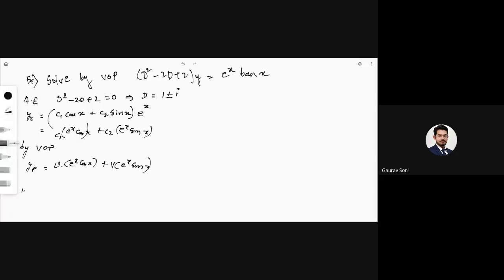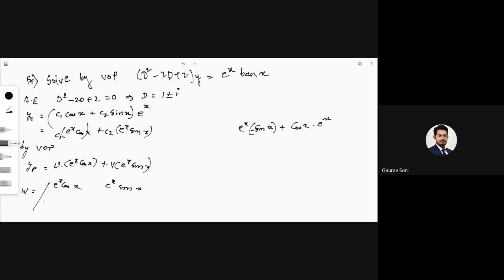So we'll find out the Wronskian. The Wronskian is e to the power x cos x, the y1, e to the power x sin x. In the below line, I have to write down the derivative of e to the power x cos x. E to the power x as it is, derivative of cos x is minus sin x, plus cos x as it is, derivative of e to the power x is e to the power x.